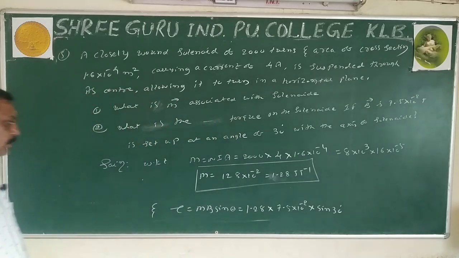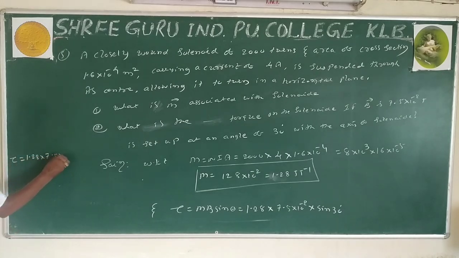Right? So shall I write here? Torque tau is 1.28 into 7.5 into 10 to the power of minus 2, into 1 by 2, sin 30. This is nothing but 0.64.